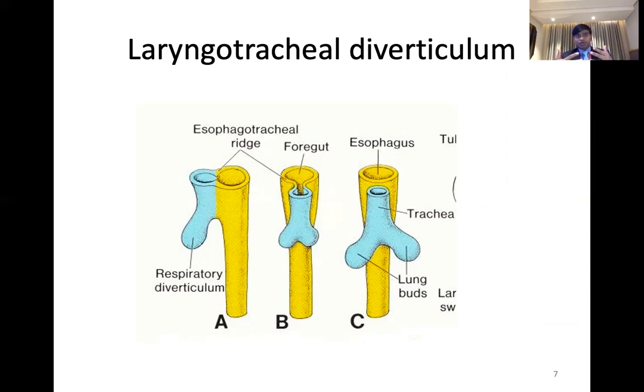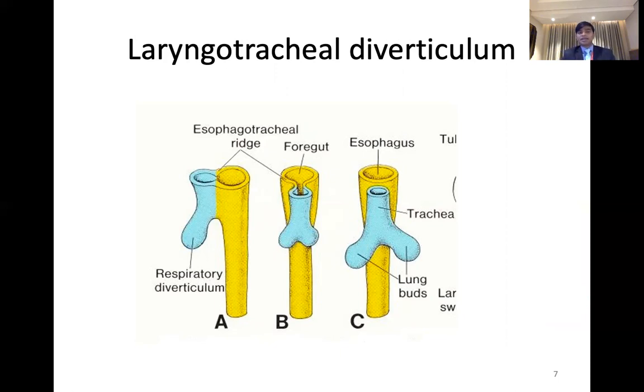The tissue separating the laryngotracheal tube and the primitive esophagus is known as the tracheoesophageal septum. When these lips fuse, there will be formation of the septum, which is connective tissue.